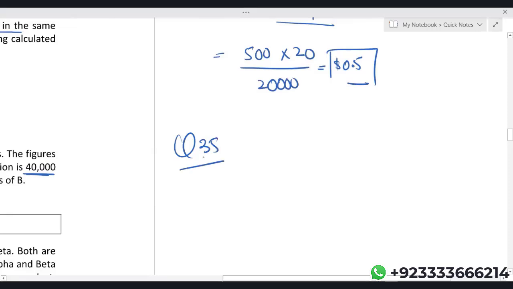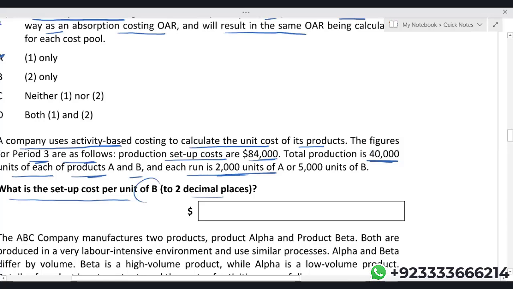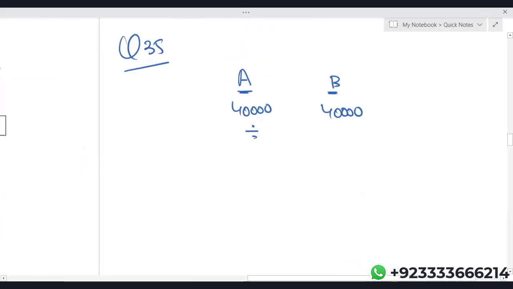Obviously, first we need to calculate the overhead absorption rate per setup. For that, let us first calculate the total number of setups, A and B. Number of units: A is having 40,000, B is having 40,000. In one run, how many units of A are they manufacturing? 2,000.